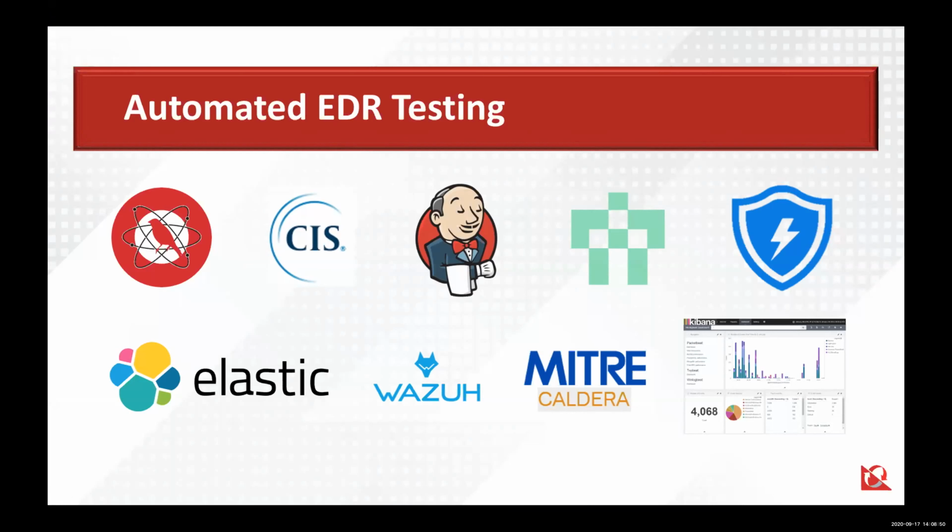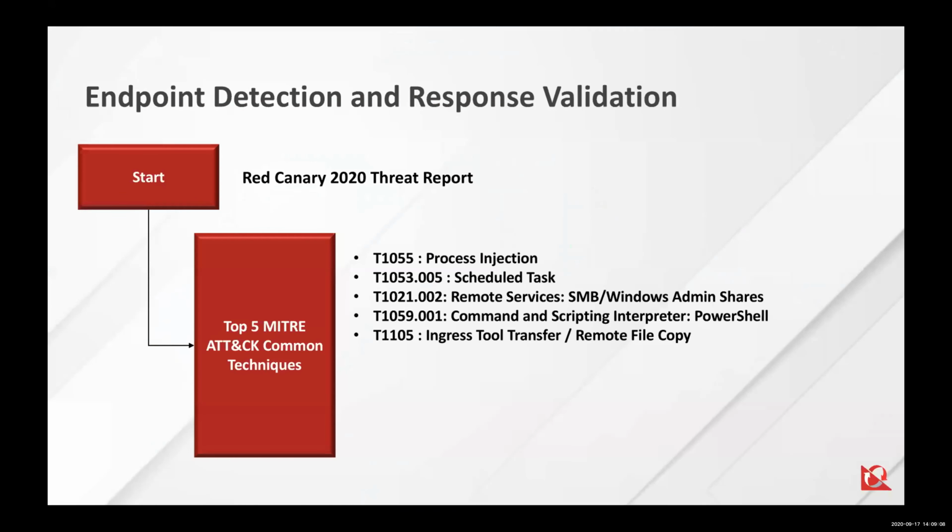You get the general idea. Instead of using Splunk in this case, we're using Elastic, or ELK as it's often referred to. And then we have a few other things like SwiftOnSecurity's template for Sysmon and WASA, as well as MITRE Caldera.